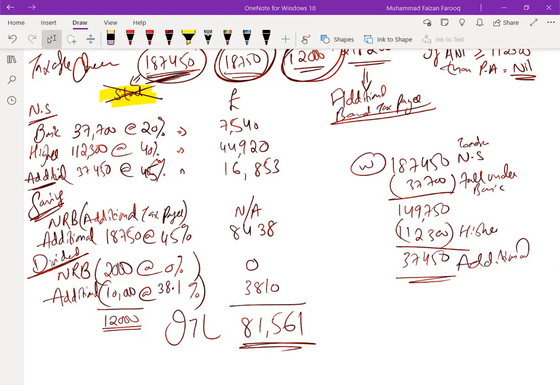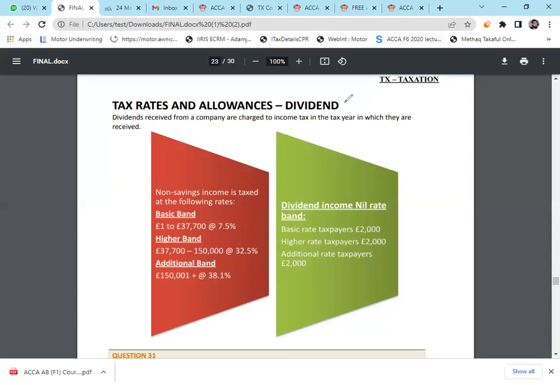This is a correction I am writing. It's not plus, it's multiply. That plus means above 150,000. If dividend falls under the additional band, and additional band means if we consume taxable incomes of non-savings, savings and dividend more than 150,000, it's above. And this is not non-savings, this is dividend. Got it? All right.